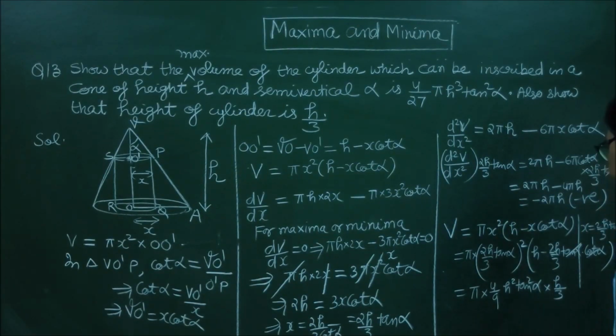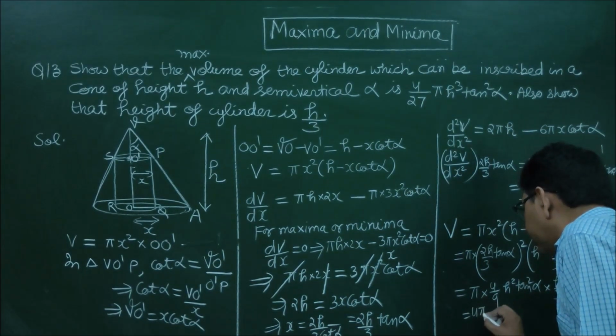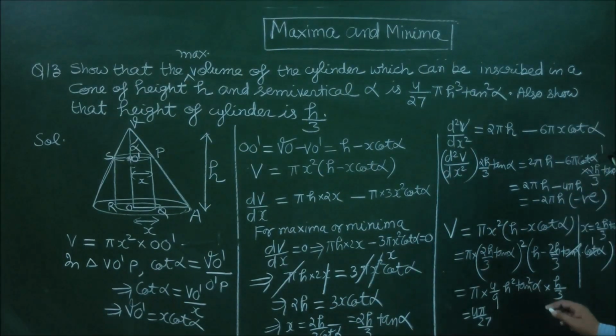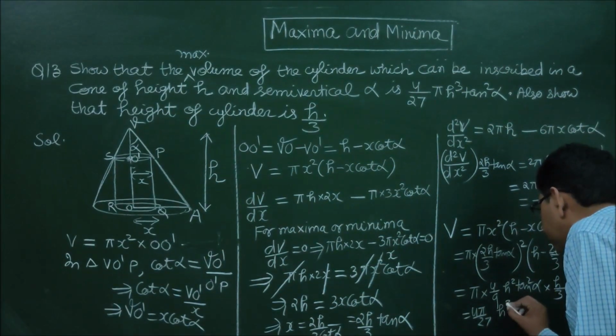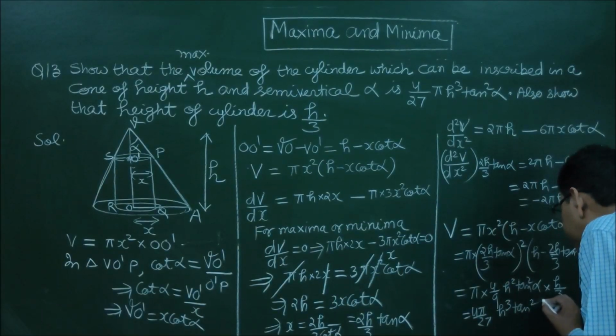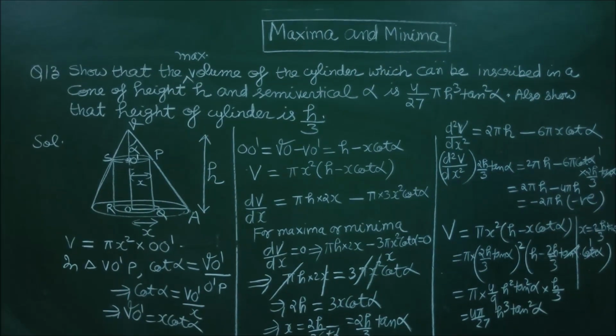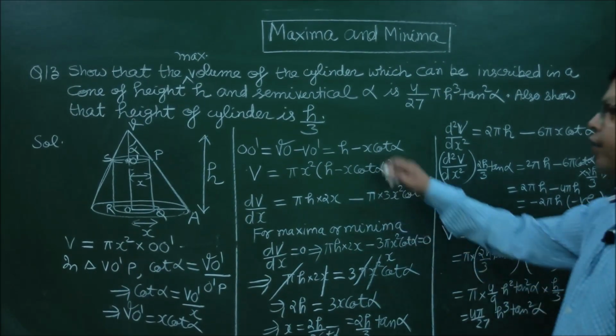So this is equal to 4 pi upon 27 h cube tan square alpha. So this is the maximum value. Now we also want to find the height of the cylinder.